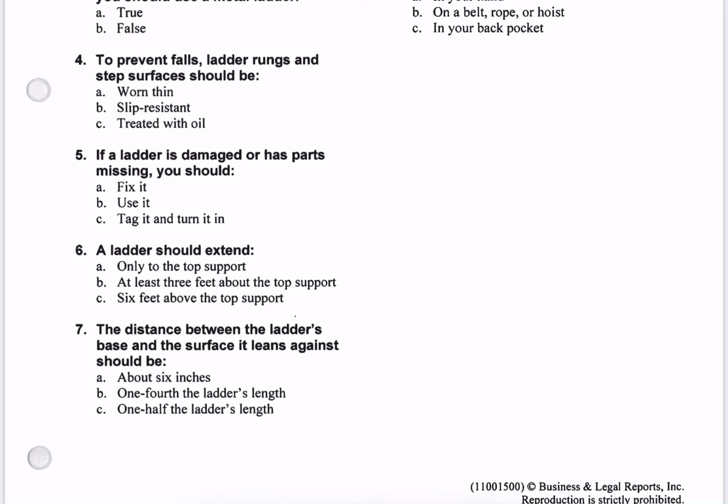Number 6, a ladder should extend A, only to the top support, B, at least 3 feet above the top support, or C, 6 feet above the top support. The answer is B, at least 3 feet above the top support.